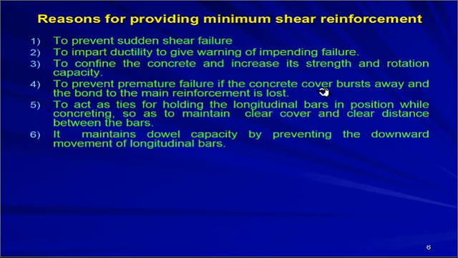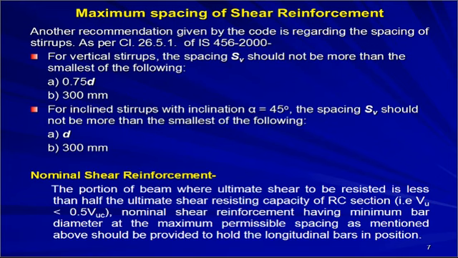Fourth, to prevent premature failure if the concrete cover bursts away and the bond to the main reinforcement is lost. Fifth, to act as ties for holding the longitudinal bars in position while concreting, so as to maintain clear cover and clear distances between the bars. And the last one, it maintains dowel capacity by preventing the downward movement of longitudinal bars.